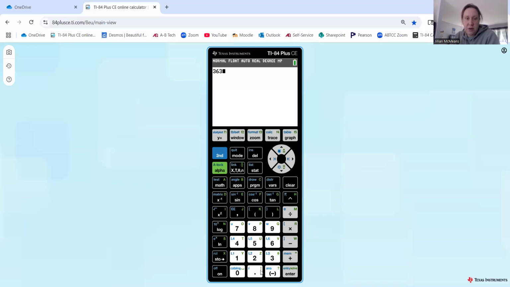So we had 363.967. We want to divide it by 34.6. And our actual quotient is 10.5192, blah, blah, blah. Okay? So I'm going to say this is 10.5193. I'm going to round it to 4 decimal places.